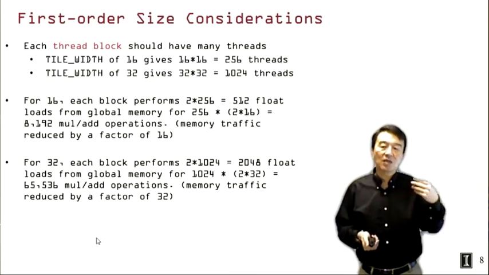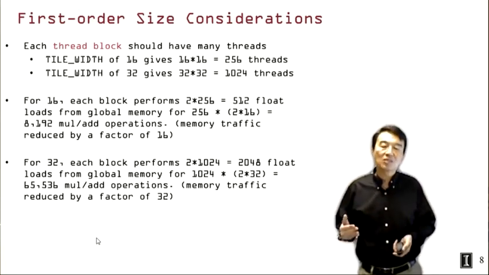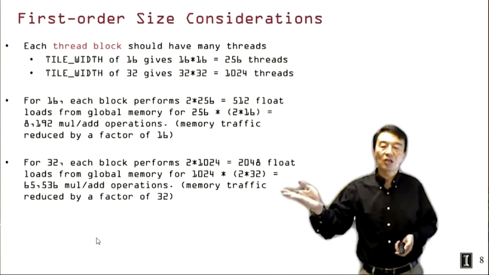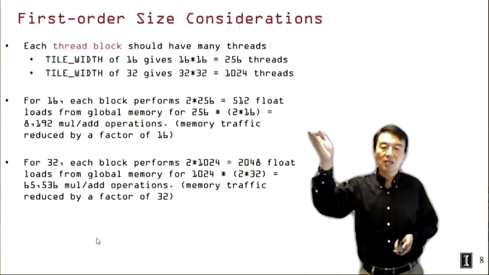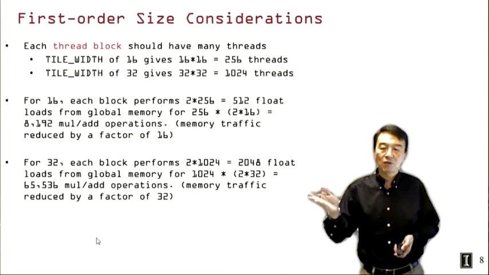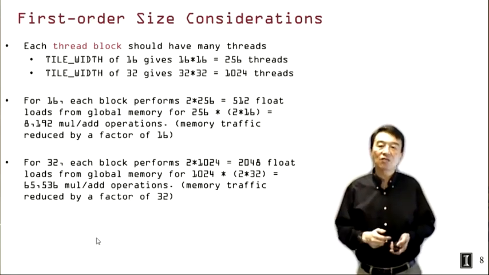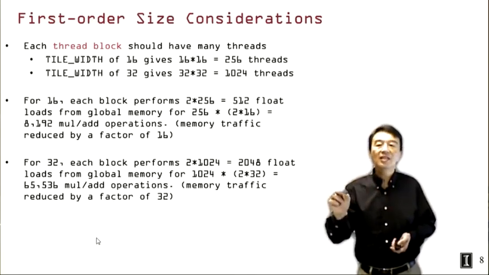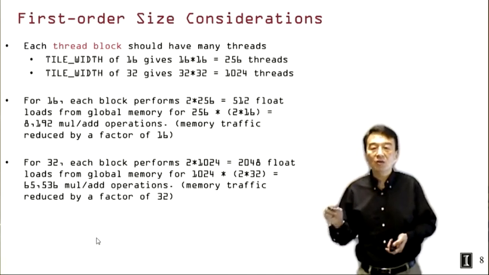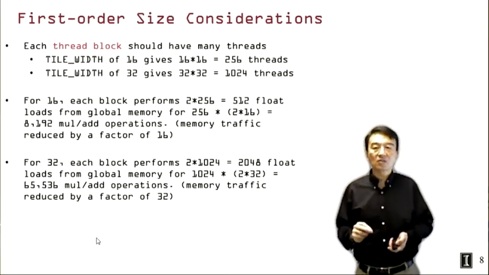So as you can expect, for 32, the ratio will be improved by 32 times. And we show the calculation here. I would like to encourage you to repeat what I did for 16 so that you can fully understand the calculation involved in understanding the ratio between the global memory loads and the floating point operations that you can perform based on those loads.